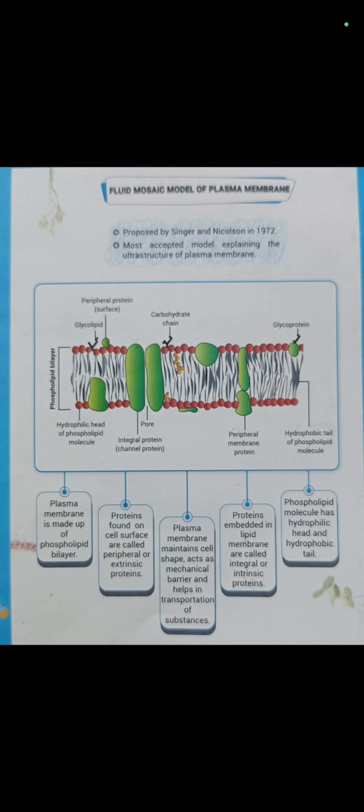And the last is transport. They also help in transport of substances from one cell to another cell. So these were the functions of our plasma membrane and the fluid mosaic model, which was given by Singer and Nicholson in 1972. It is very important. So that's all for today. Thank you.